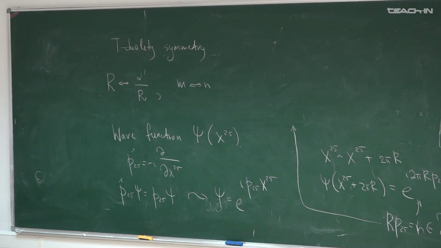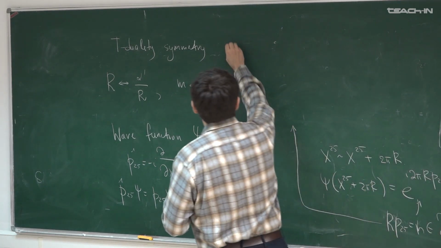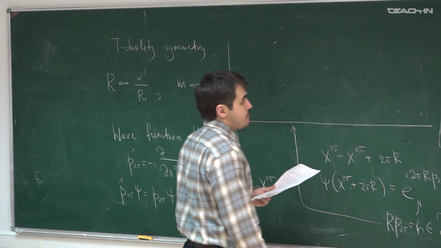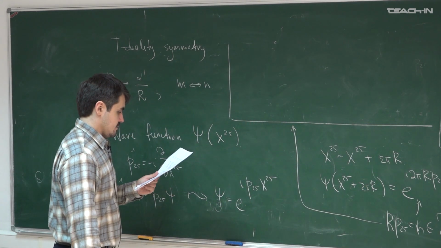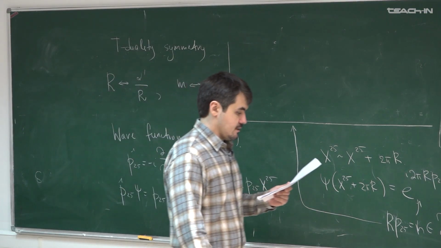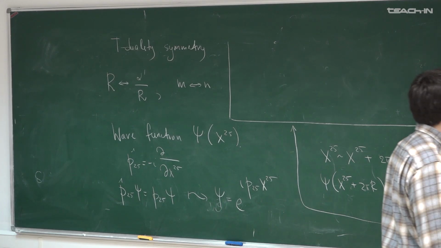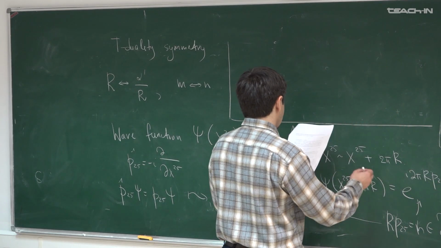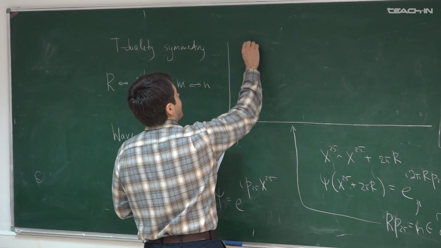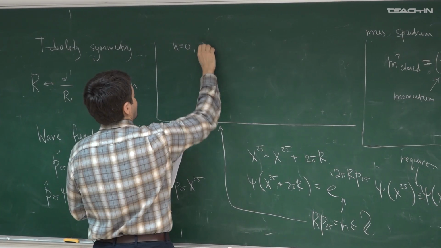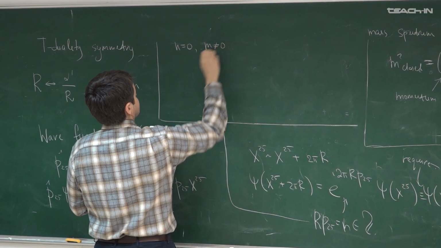Another interesting observation is the property of the lowest mass particle in the non-zero winding sector. So consider n equals 0 and m not equal to 0.